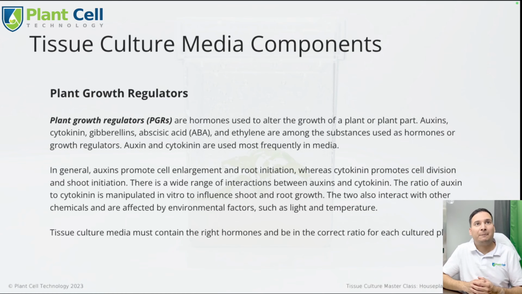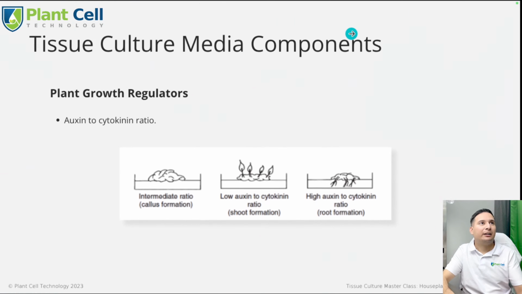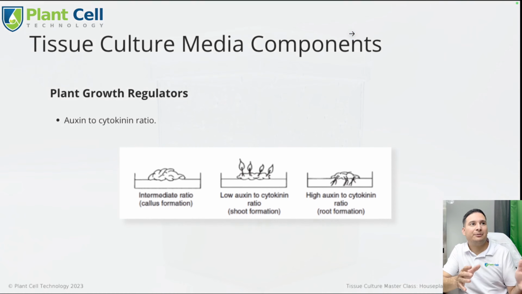There are so many cytokinins, and the ratio between auxin and cytokinin is going to change what the plant is making. This is kind of a graph or base.